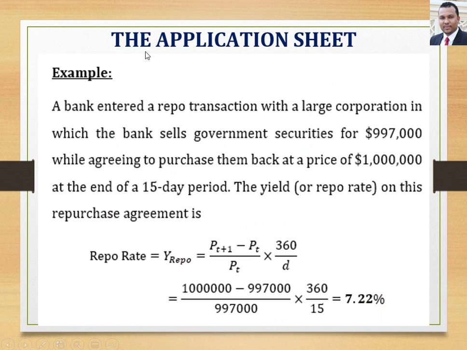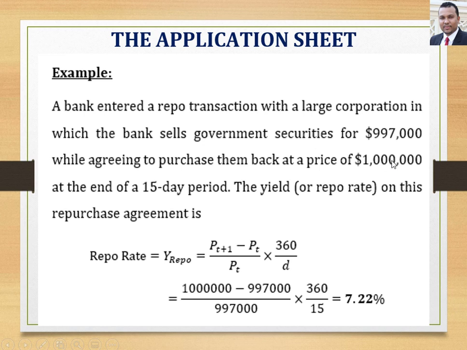Our problem in page 15: a bank entered a repo transaction with a large corporation in which the bank sold government securities for 997,000 while agreeing to purchase them back at a price of 1 million at the end of a 15-day period. So price at t+1 equals 1 million.